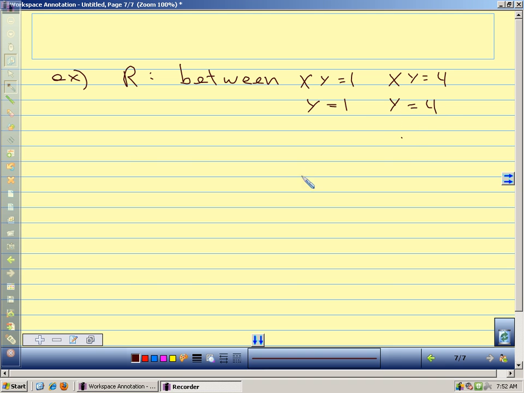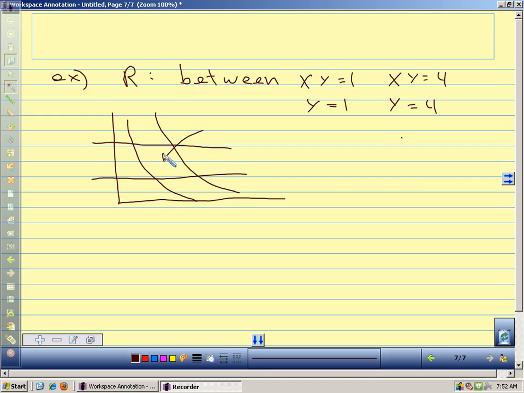So this region is a little more complicated. If we sketch this out, we get something like these hyperbolas, and our region is in here. So this region would make the integral a little more complicated to do.